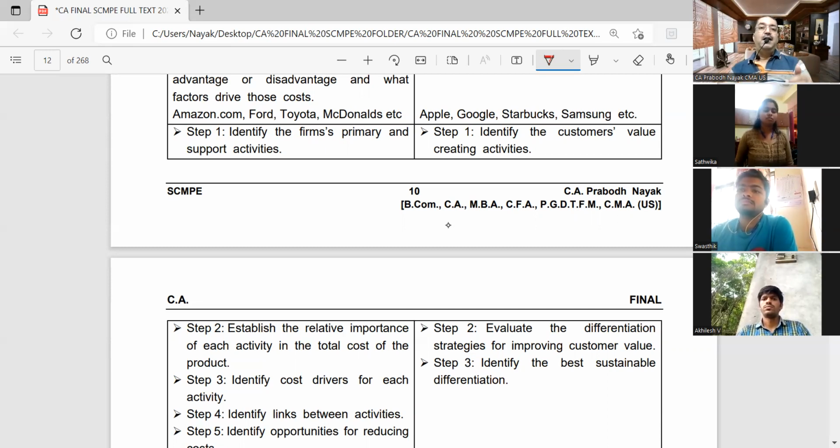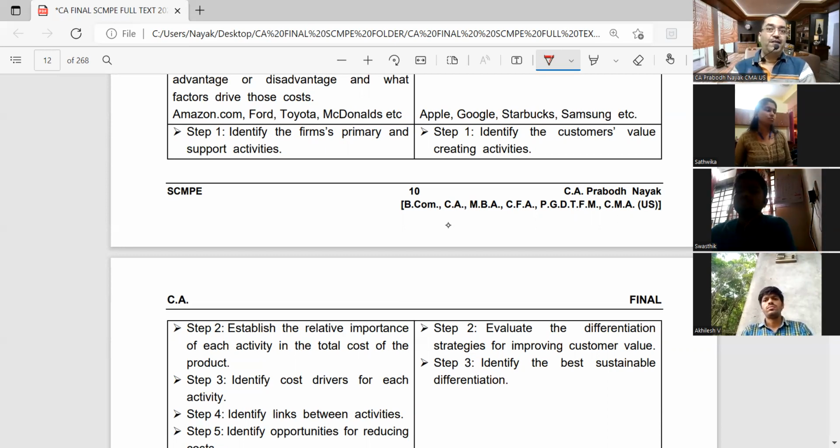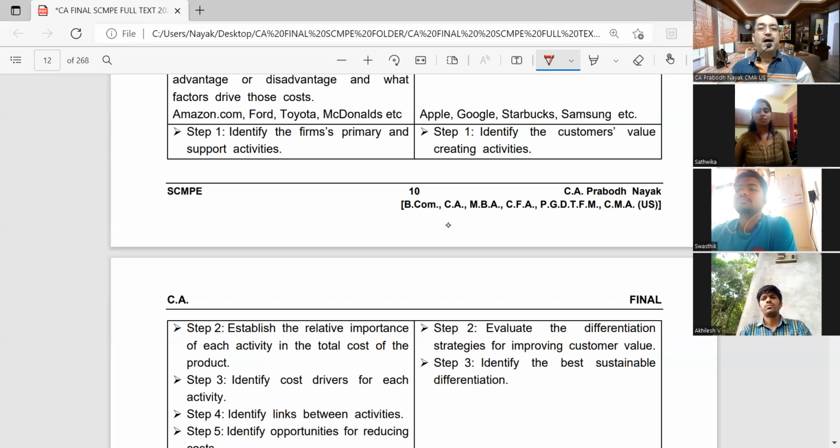If you are conducting inspection, for example, at the time of purchasing the raw material, you are conducting inspection of the raw material. At the time of production, you are conducting inspection of the production process. Will it not affect any other activity? It will affect, because after the product comes out, I don't have to recheck the product for quality.